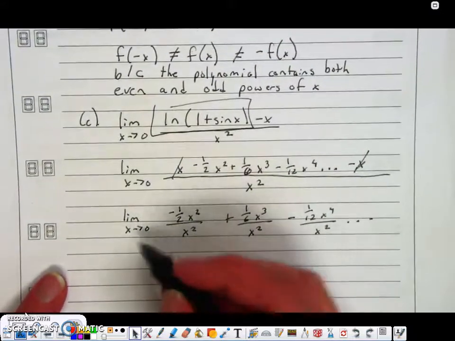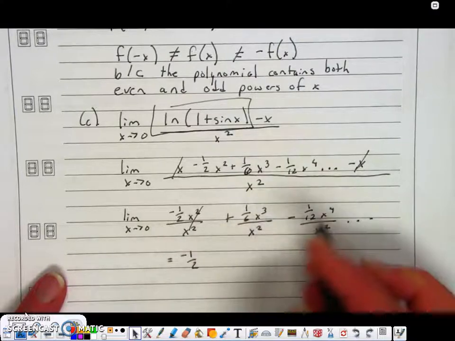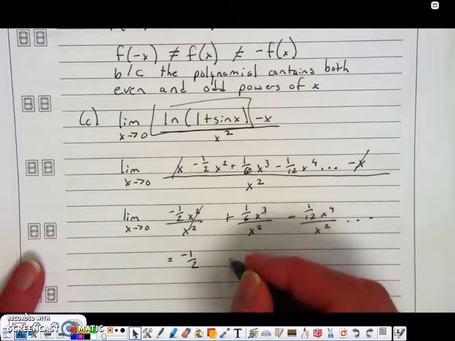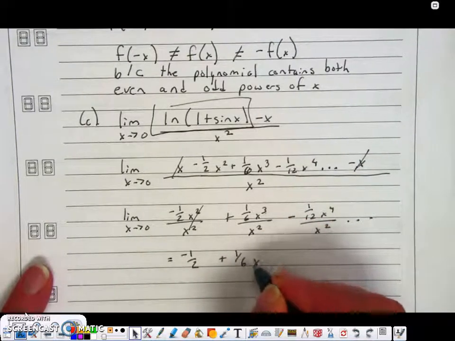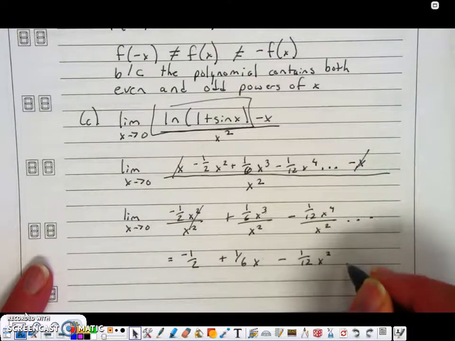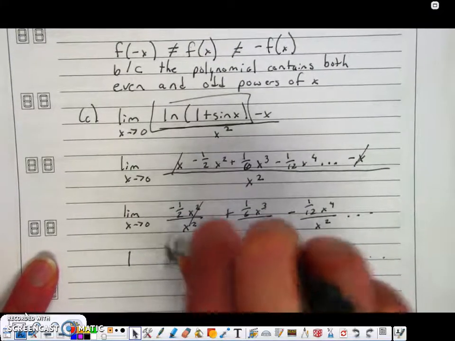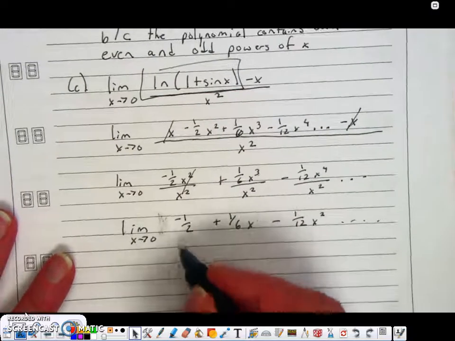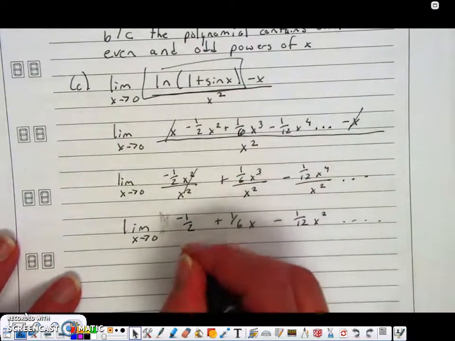So this reduces to negative 1/2 plus 1/6 x minus 1/12 x squared, dot, dot, dot. So when you take the limit as x approaches 0 of this, you would just get negative 1/2, because you put in 0 for everything else.